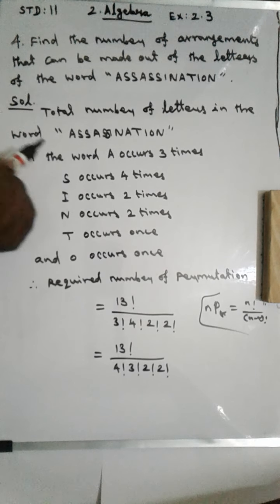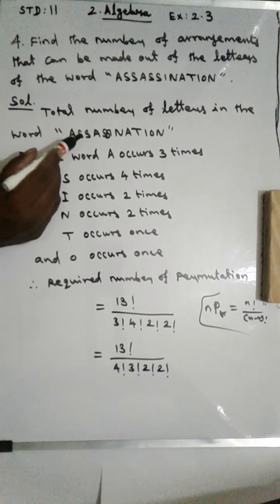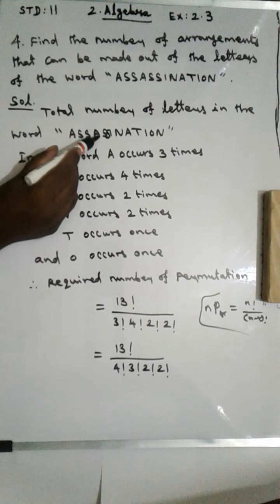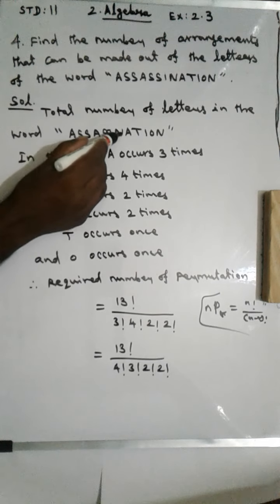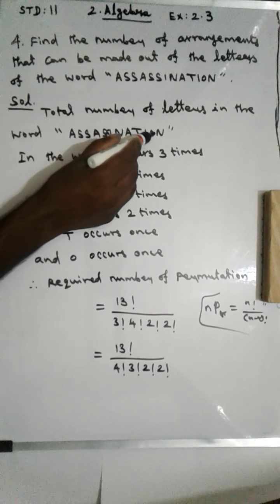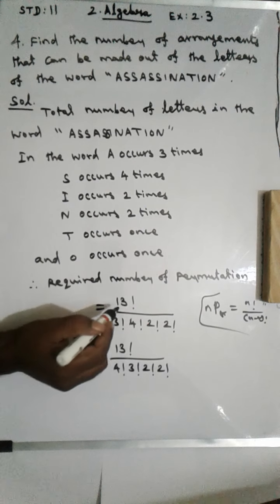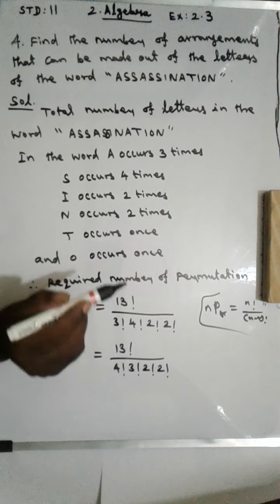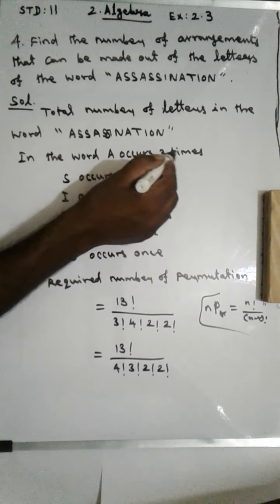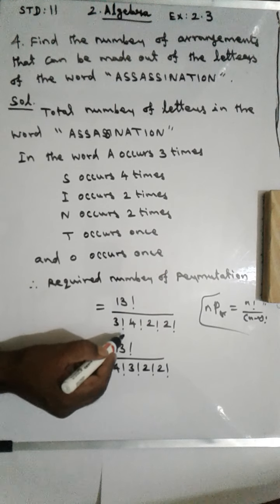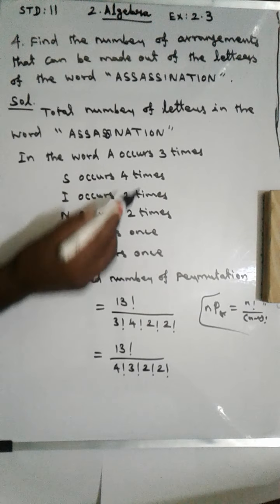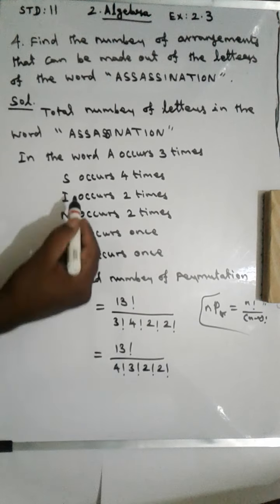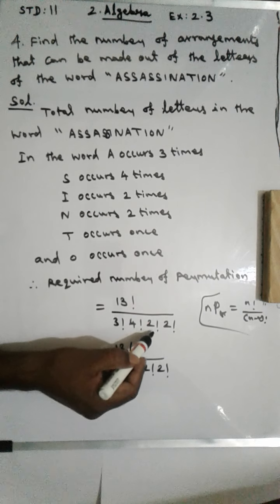First, n factorial, where n is the total number of letters, 13. So 13 factorial divided by A occurs 3 times, so 3 factorial. S occurs 4 times, so 4 factorial. I occurs 2 times, 2 factorial.